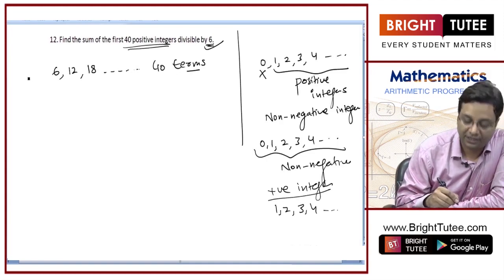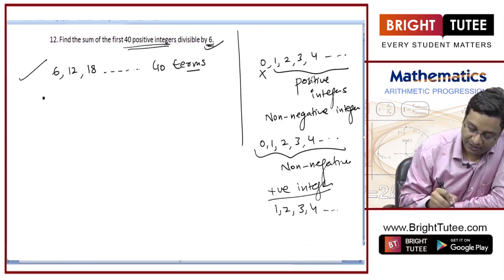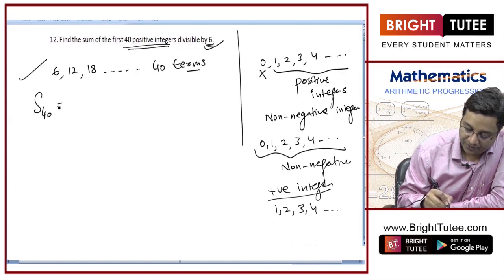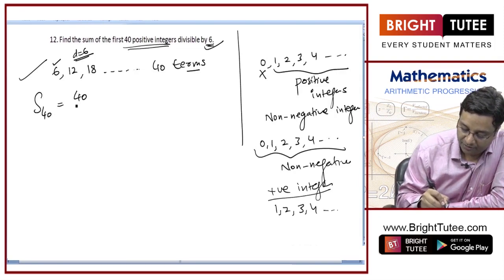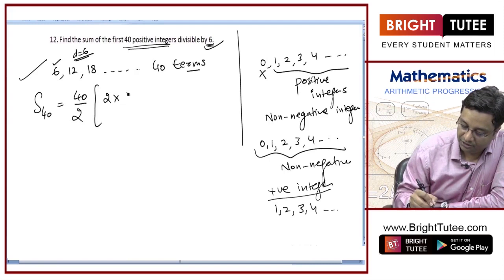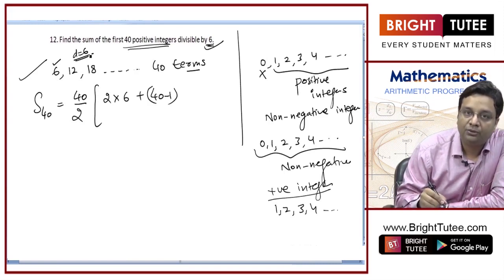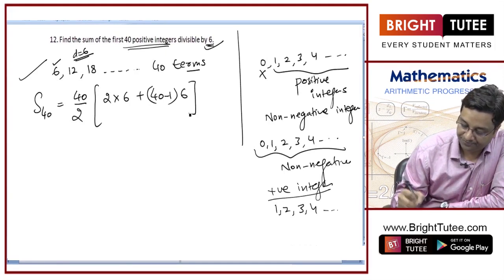So this is the sum that we need to calculate, right? We need to calculate S40, where A is equal to 6, common difference D is also equal to 6, right? So 40 by 2, twice of the first term, which is 6, plus 40 minus 1 into D, which is 6.